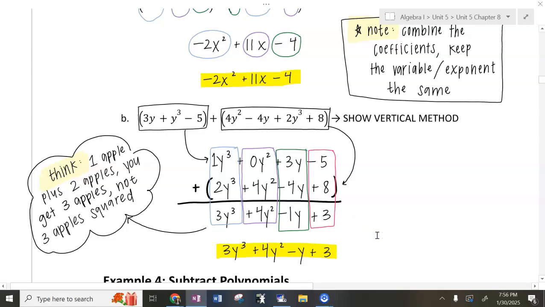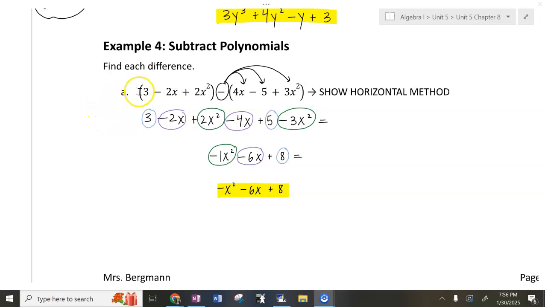Now let's do an example where we're subtracting. So you'll notice on this one, you have a quadratic trinomial because it's power 2, 3 terms. And you're subtracting another quadratic trinomial, power 2, 3 terms. Okay. So when you're subtracting, you have to make sure that you subtract everything in that polynomial because it's in parentheses.